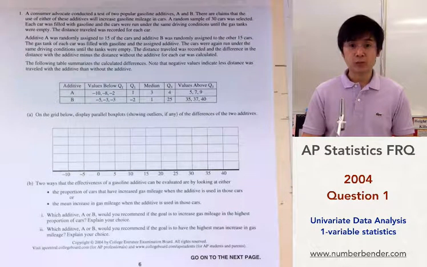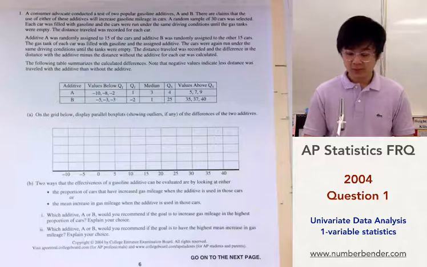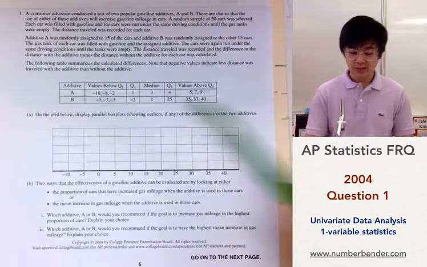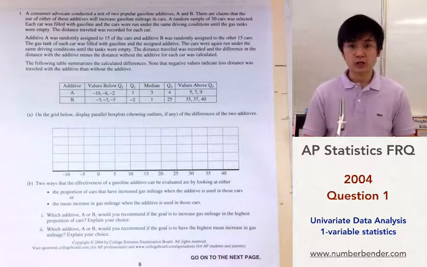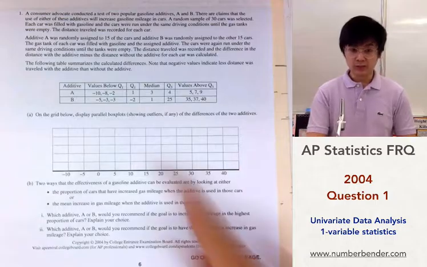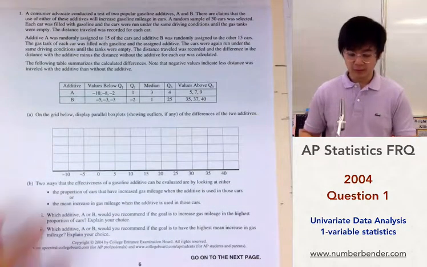In this particular problem, we're going to be constructing box and whisker plots, since we have the Q1, Q3, median, and also the maximum and the minimum values of the differences between additive A and additive B. So let's start graphing additive A for our first box plot using the grid that is provided to us.